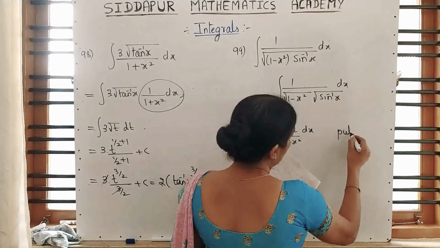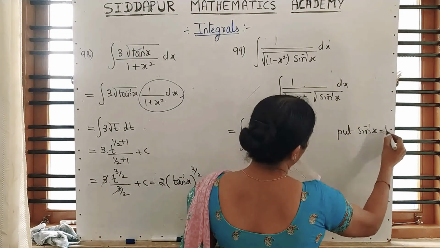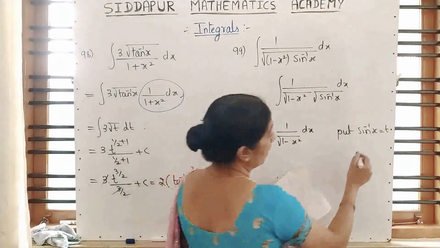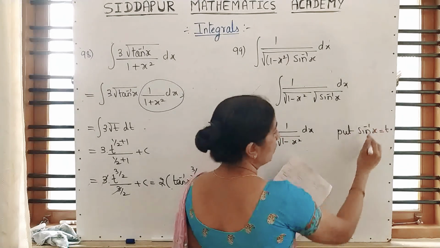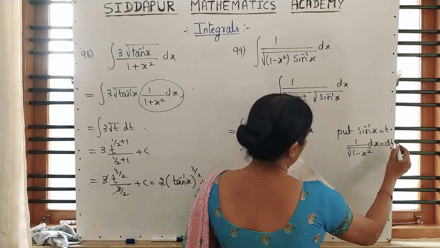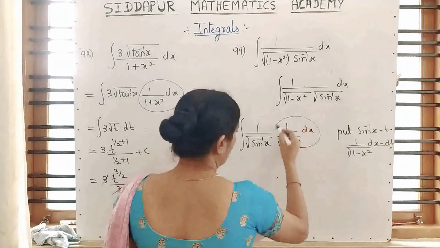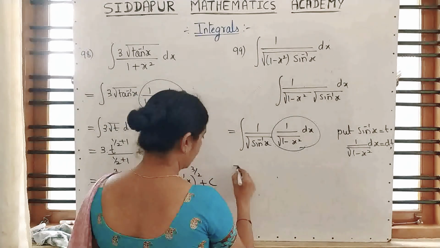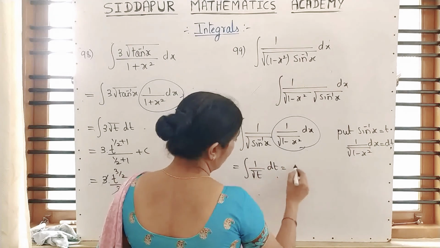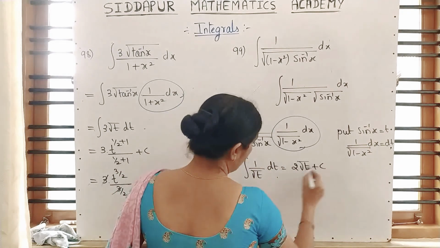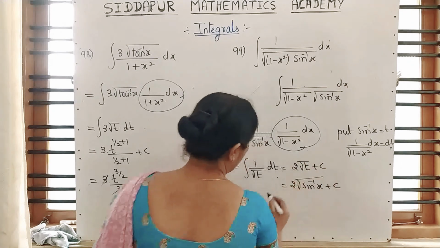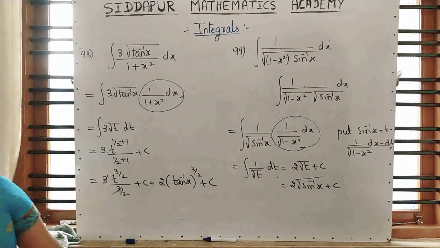Even though it is a fraction, it depends on the basic differentiation. Differentiation of sine inverse x is 1 upon root of 1 minus x square. That's why I am writing sine inverse x as t. This value is dt. 1 upon root t into dt. What is integration of 1 by root t? 2 root t. Write down that t value. T is sine inverse of x.